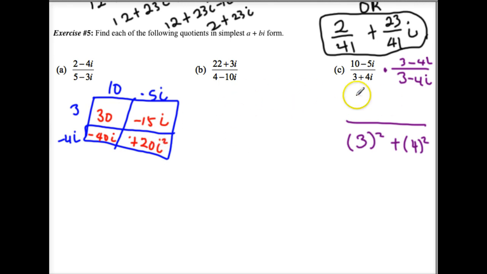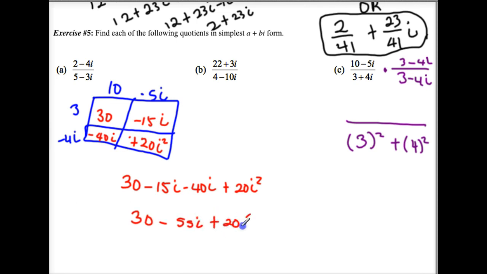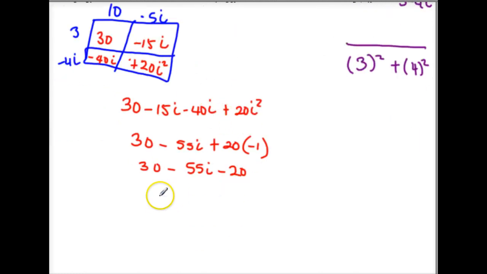So the top, we're going to write it here as 30 minus 15i minus 40i plus 20i squared. And then I'm simplifying it. 30 minus 55i plus 20, and I know i squared is -1. 30 minus 55i minus 20. So what's 30 minus 20 is 10 minus 55i.